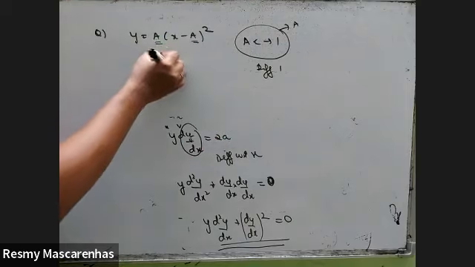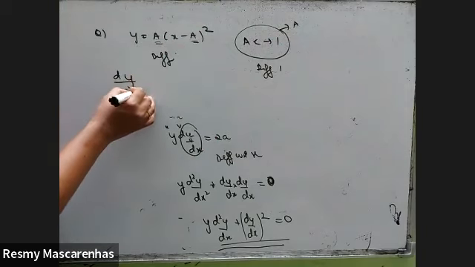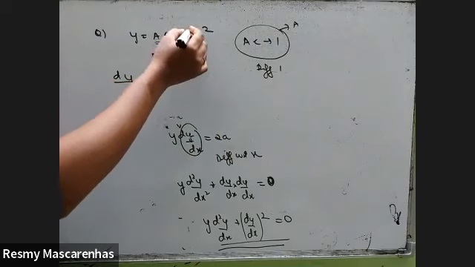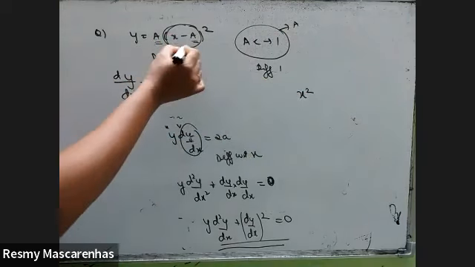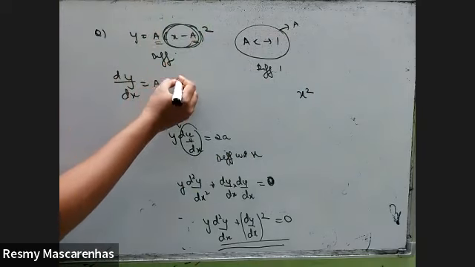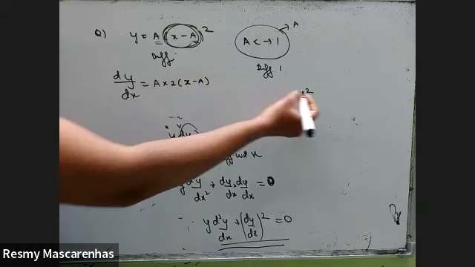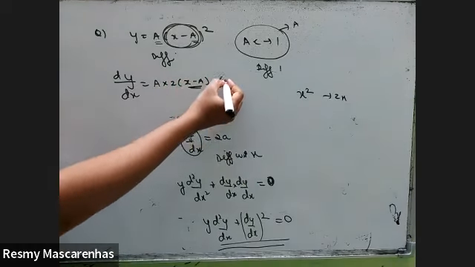So when you differentiate, this will be dy by dx. A is anyways coefficient. This we have to assume it to be x square. Whatever is inside the bracket, you have to imagine it as x square. So derivative of x square is 2x. But into extra derivative of what is inside the bracket.